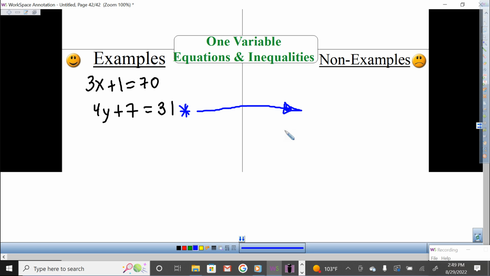Make just one change to that so it's a non-example. Talk it over to your neighbor, see what they got, see if you agree with them. Only one change.